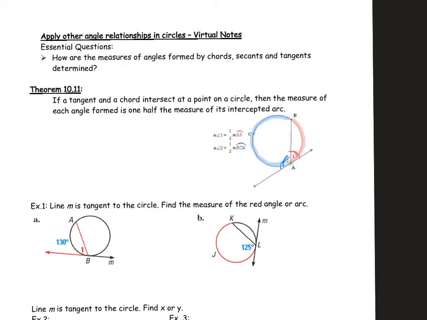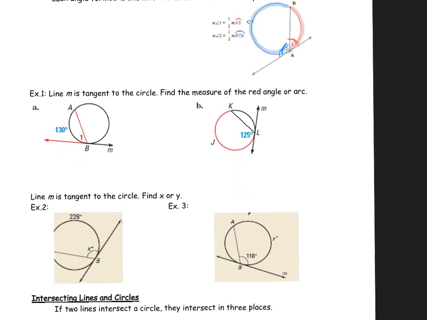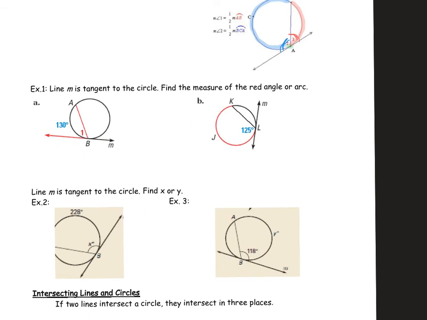So in example 1 here, we're told that line M is tangent to the circle, and we can see that it is intersecting with chord AB right here at point B. They want you to find the measure of the red angle or arc. So in example 1, part A, the red would be angle 1, this angle right here, and that corresponds with arc AB.